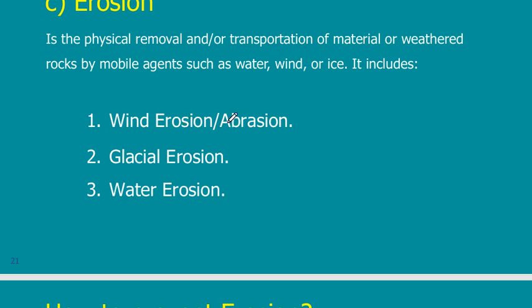But what is wind abrasion? There is wind erosion and wind abrasion. What is the difference between wind erosion and wind abrasion? Wind erosion means the wind itself erodes the material, but wind abrasion means the wind is coming, carrying sand inside it, and this sand, when it comes to the rock, abrades it.